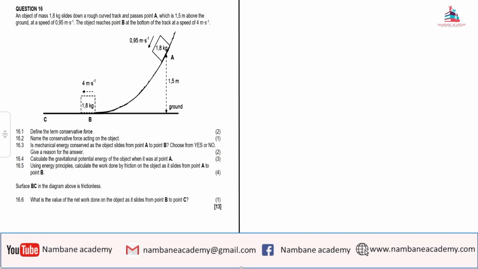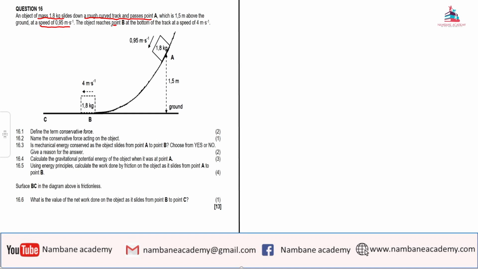Let me not waste time with 16.1, because the question says an object of mass 1.8 kg slides on a rough curved track and passes point A, which is 1.5 meters above the ground, at a speed of 0.95 meters per second.